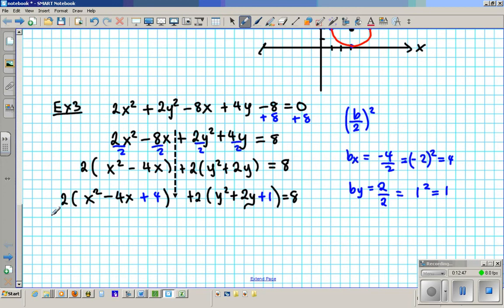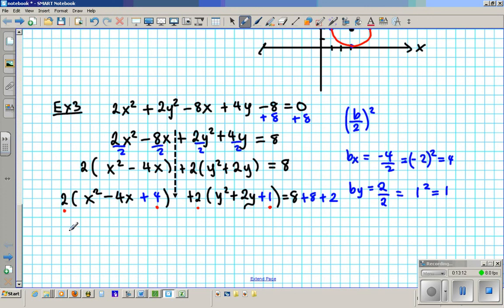Of course not. We have numbers in front, so we need to multiply the numbers in front with the numbers inside so that you can figure out what to add on the right side. So here I'm going to add 2 times 4, which is 8, add 8, and then 2 times 1, which is 2, add 2. Like that. Don't forget to distribute before you combine it on this side, okay?